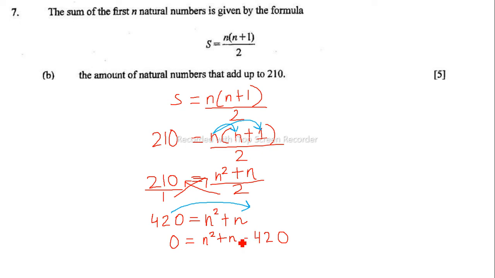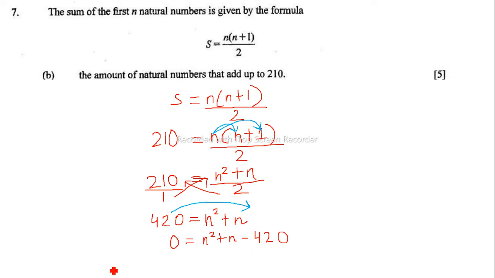Now I just want to swap it, to make this side on the left and this side on the right, just by convention. We normally have the letters on the left and the numbers on the right.